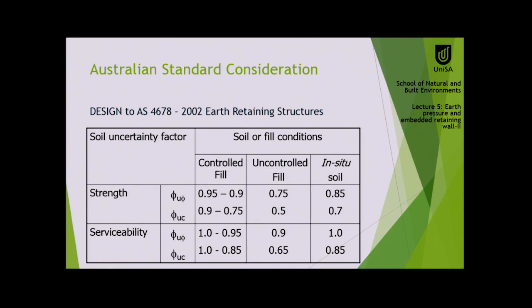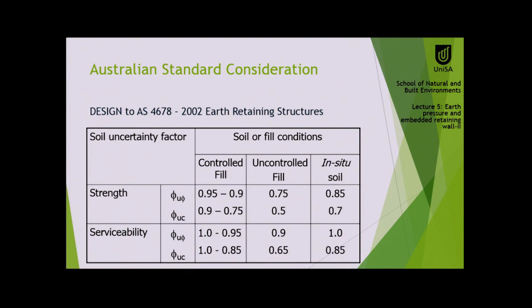Now, we also need to apply some factor for different strength parameters for different cases. So, soil uncertainty factors, these could be for strength and serviceability, and they also depend on the soil types. For example, if it is in the road, in the approach road of the bridge, we can fill behind the retaining wall and we can control the material. We could choose the highest quality of the material.